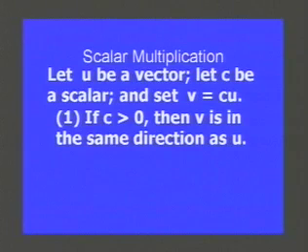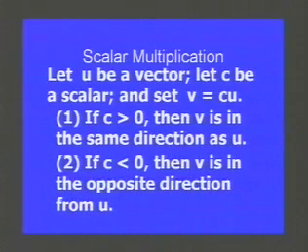In that example, our c was 2, and you saw it was in the same direction, it was just twice as long. If c were less than 0, v would be in the opposite direction from u. Had I multiplied by -2, it would have started still at (0, 0), but it would have pointed the opposite direction, but twice as long. So the negative is just going to change directions.